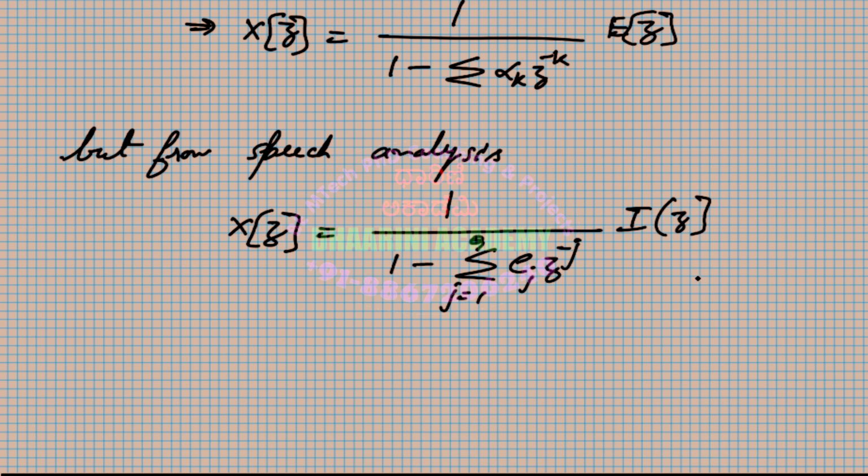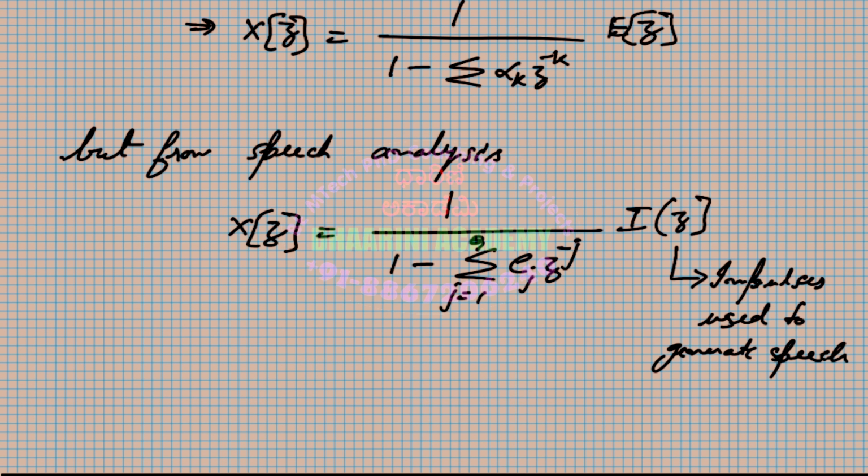So now you see this i of z is the impulses used to generate the speech. Previously I mentioned that the source of our speech, who is supplying the energy to generate speech, is the lungs.